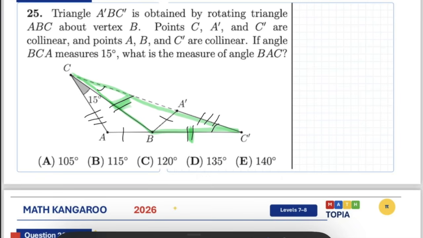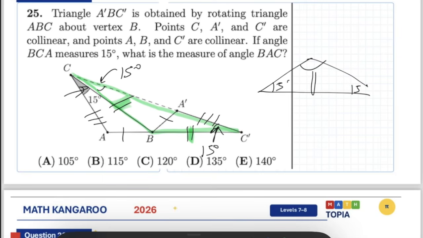Based on rigid motions, we know that this angle is 15 degrees because this angle is corresponding. So that means this is also 15 degrees. For a triangle with angles 15 degrees, 15 degrees, this angle would be 180 minus 30 equals 150 degrees. So this angle over here would be 150 degrees.